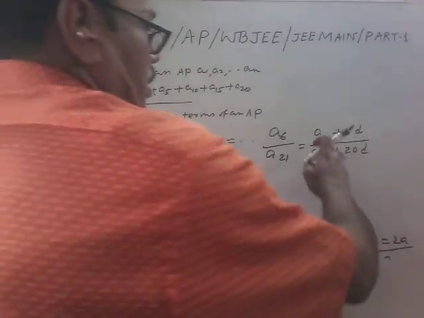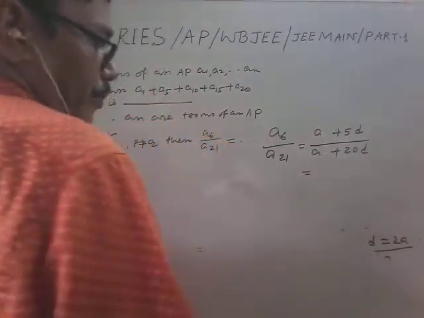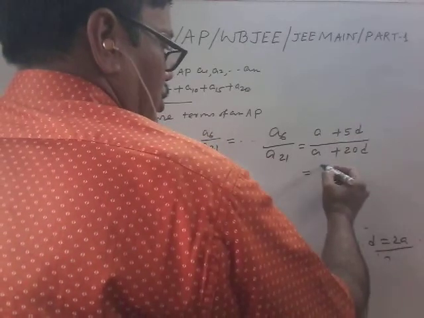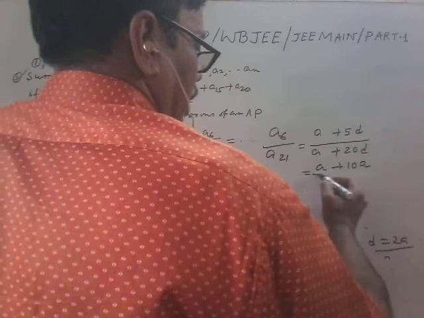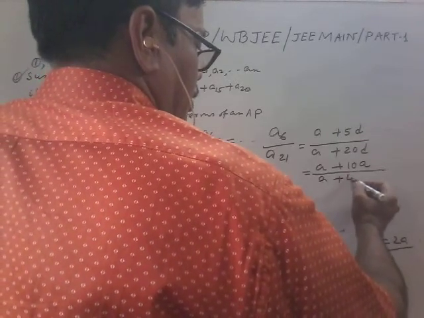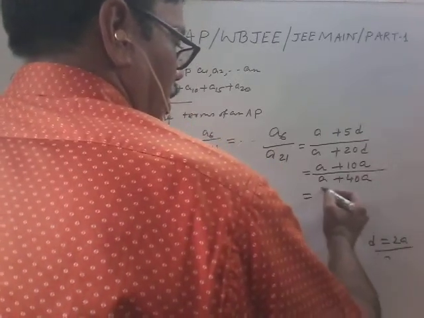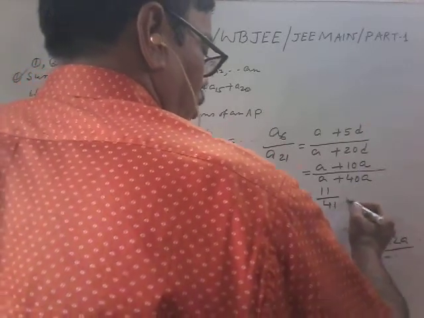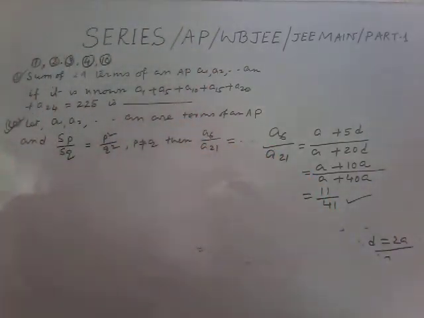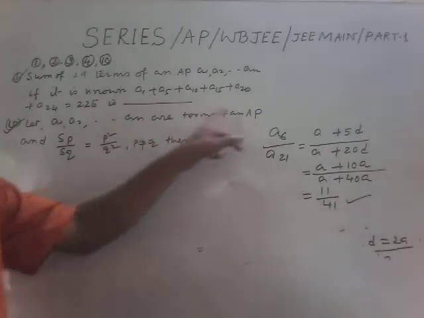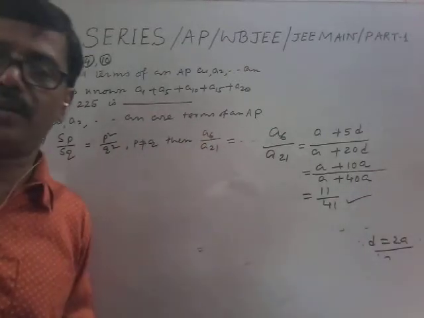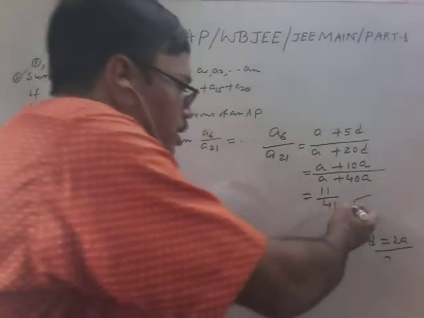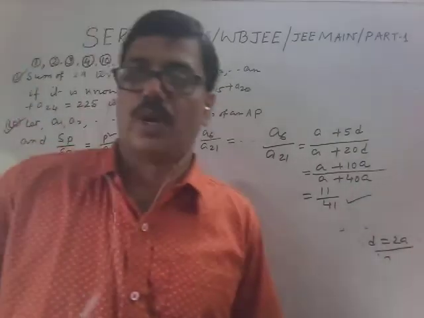If the first term is a, then this one is also a. So a plus 5d, and d equals 2a. So this is 10a, this is a. This is 40a. So 11 by 41. So A1, A2, ..., An are in AP, and SP by SQ equals this. Find A6 by A21. So the answer is 11 by 41.